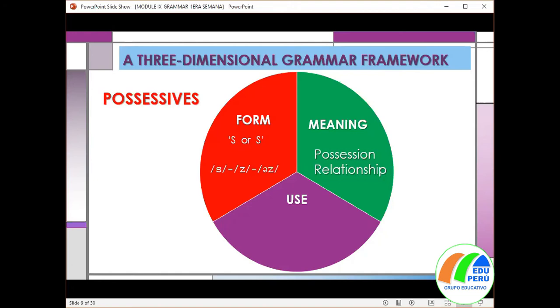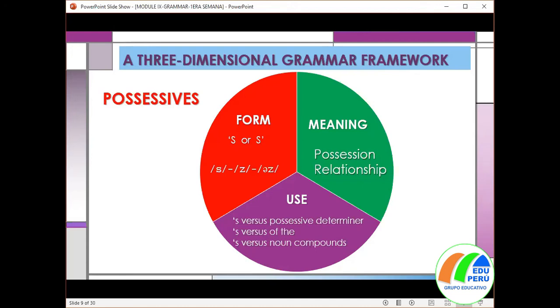And the other one is the use. The apostrophe s versus the possessive determiner. So when do you use the apostrophe s, and when do you use the other structure to talk about possession, right? You have other structures to talk about possession. One of them is the possessive determiner. The other, the apostrophe s versus the of the.